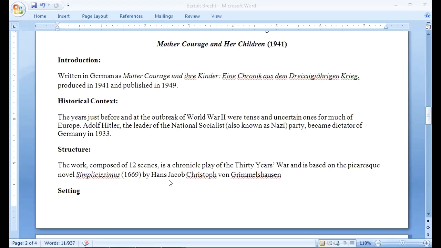We can find here only 12 scenes. Structure of the play: there are no acts, only scenes composed in 12 scenes. It is a chronological play of the Thirty Years' War. I already told you this is the experience of the author of the Thirty Years' War between fascism and Nazism.